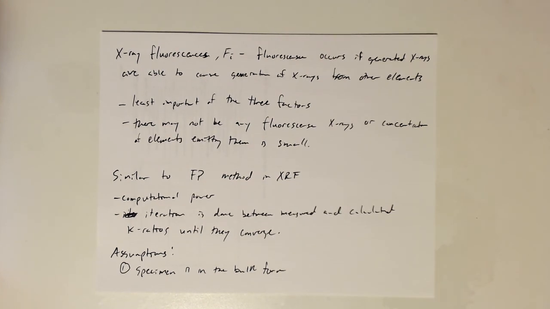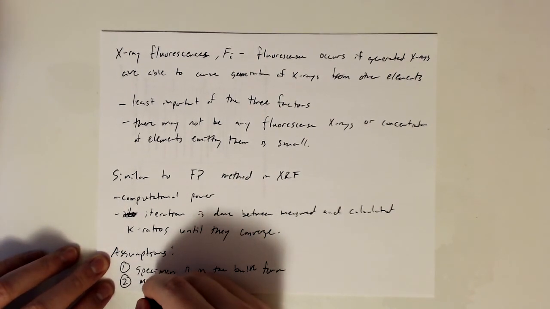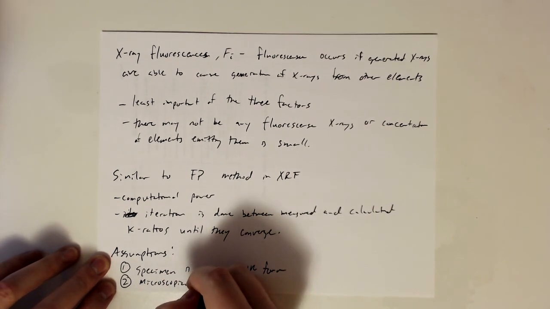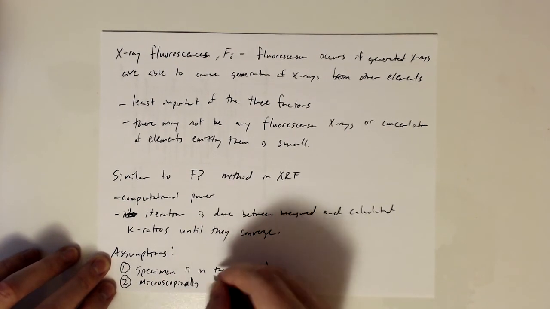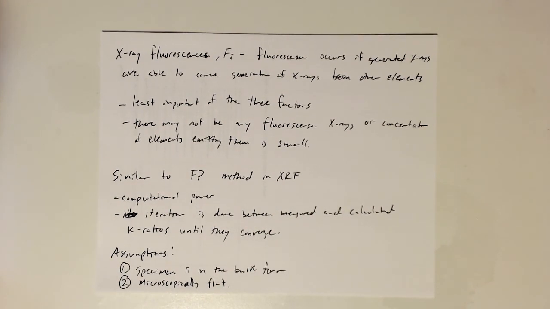So it's all the same. And we also assume that it's microscopically flat. So there's no roughness to speak of that we have to worry about for the takeoff angle and so forth. So those are the assumptions that we make with this method.